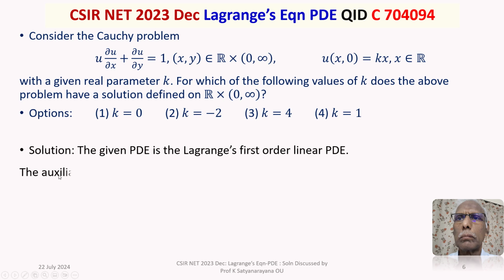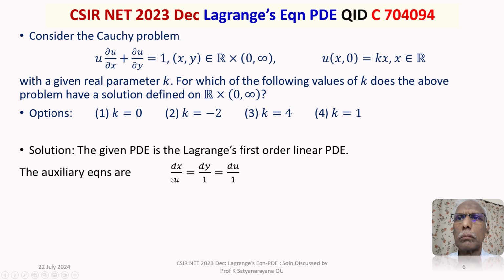Now we write down the auxiliary equations for this first order linear partial differential equation. Here u is the dependent variable, x and y are the independent variables. So dx/u = dy/1 = du/1.